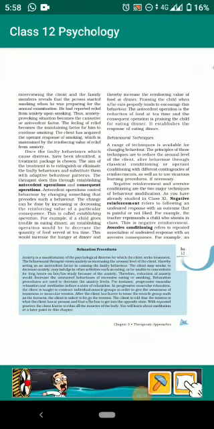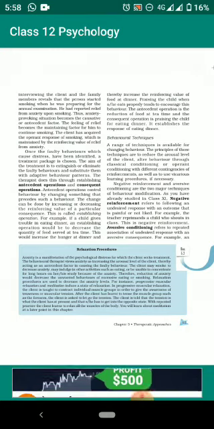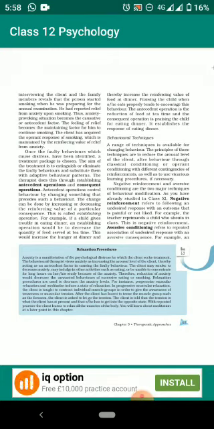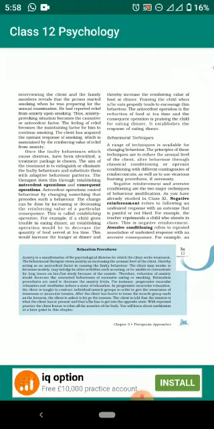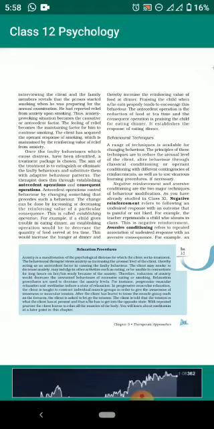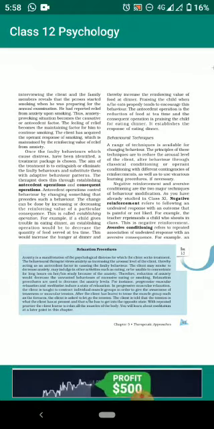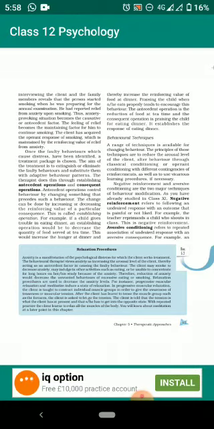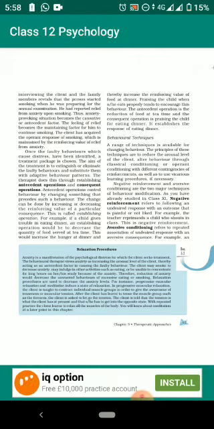Another technique is systematic desensitization. It is a technique used in behavior therapy, introduced by Wolpe, for treating phobias or irrational fears. In this, the therapist prepares a hierarchy of anxiety provoking stimuli with the least anxiety provoking stimuli at the bottom of the hierarchy.